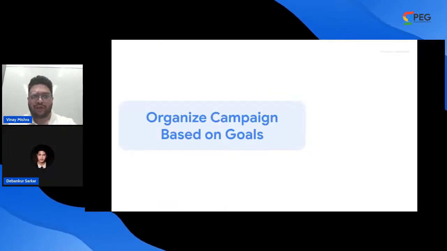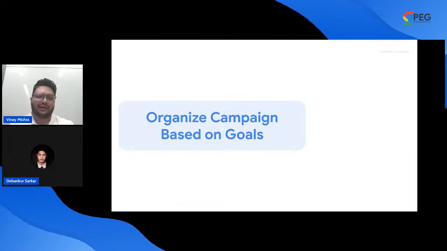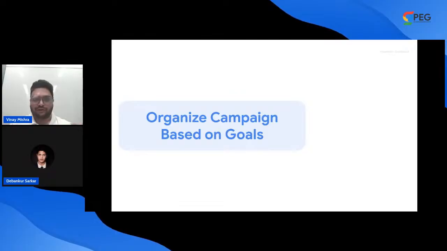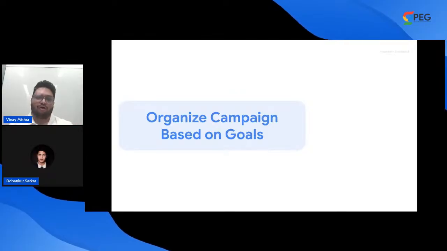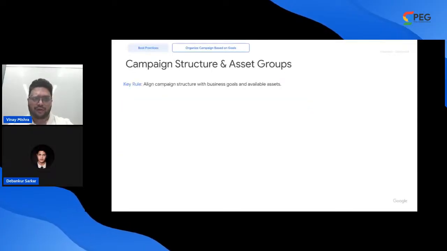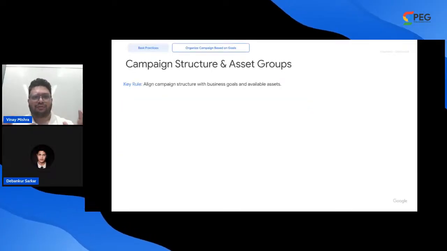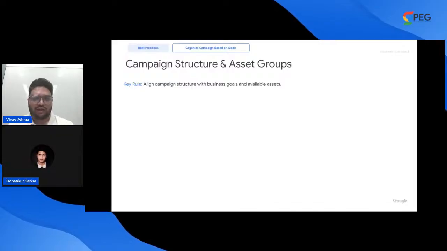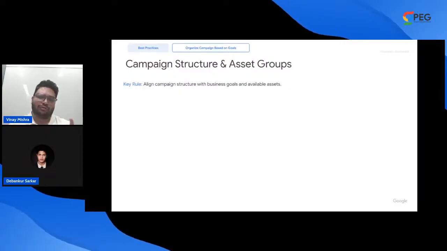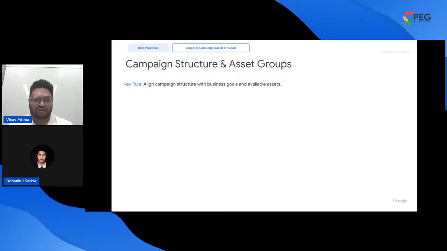Now, make sure that you're organizing your campaign based on the goals. As I've mentioned earlier, if it is towards leads, we are organizing your campaigns towards that goal. Let's quickly learn how we can do that. In terms of structuring, the key rule is to make sure that your campaign structures and asset groups are aligned with the business goals.